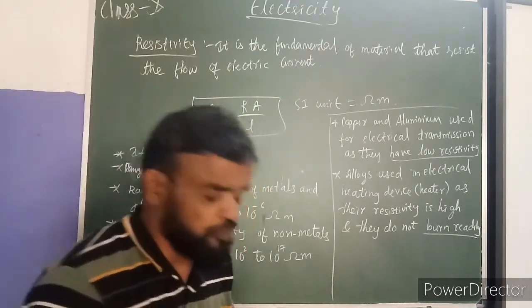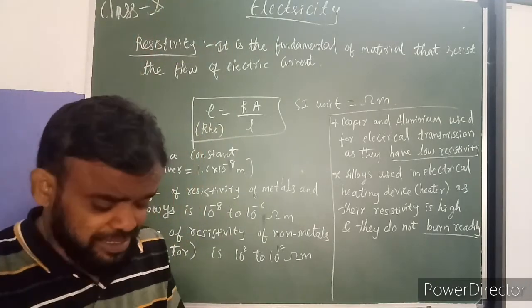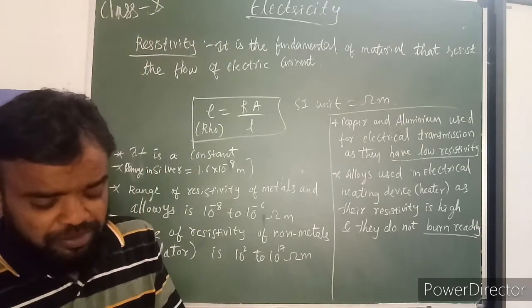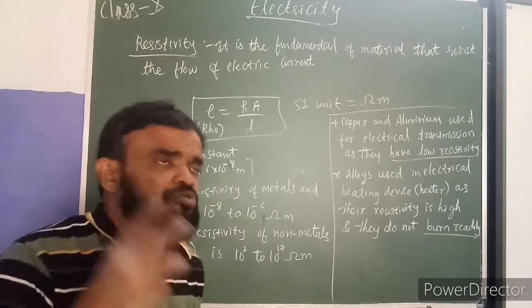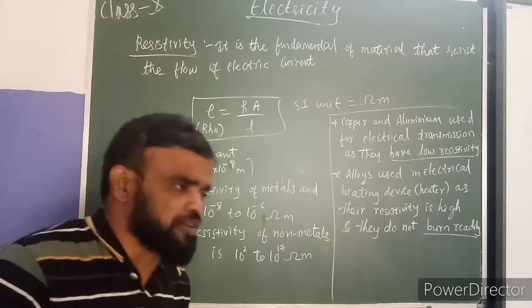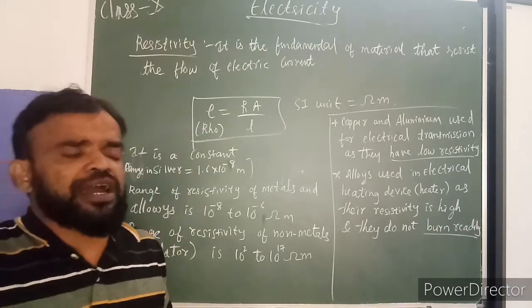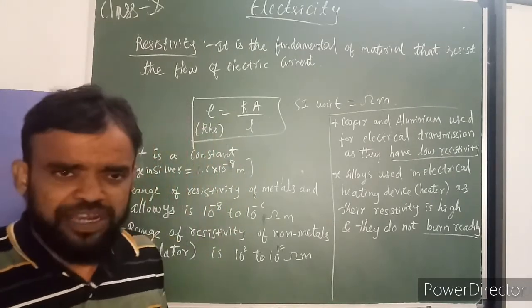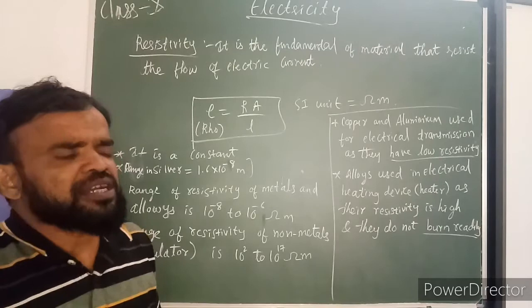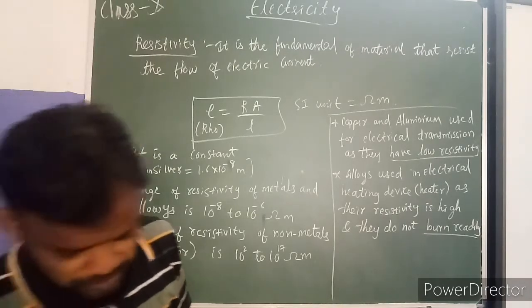For example, fans, lights and TVs are connected to resistors. It is connected into the device, into fans and TVs and so many home appliances we use at home. Understood? Okay.